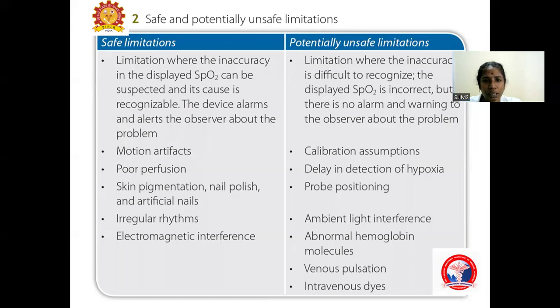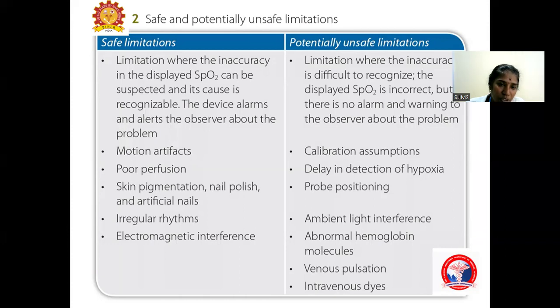Then moving on to the safe limitations and potentially unsafe limitations. Under safe limitations, the inaccuracy in displaying the SpO2 can be suspected and is recognizable. The device usually alarms and alerts the observer about the problem. There is motion artifact. If the patient has poor perfusion, that is also a problem, because as I told you, how closely the molecules are packed determines the variation. That is the oxygen carrying capacity.